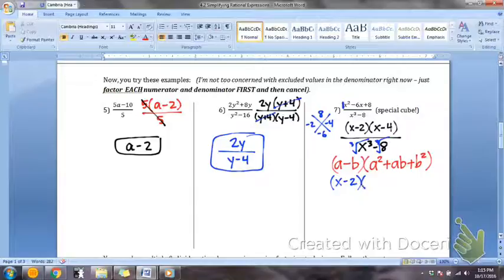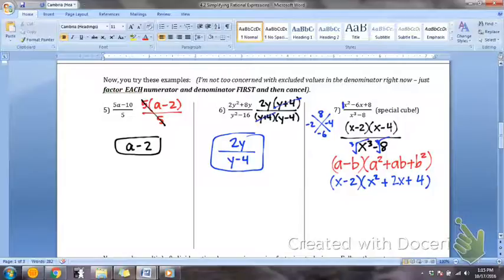So my a value squared is going to be x squared. The formula says to add. So remember, I always follow the signs of the formula. Your a value times your b value. So 2 times x is 2x. And then your b value, which was 2 squared, is 4.